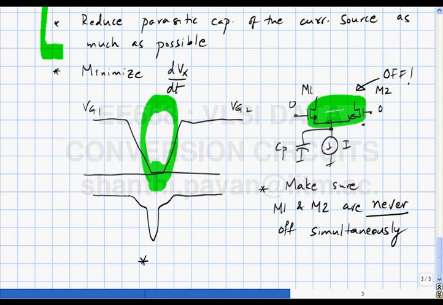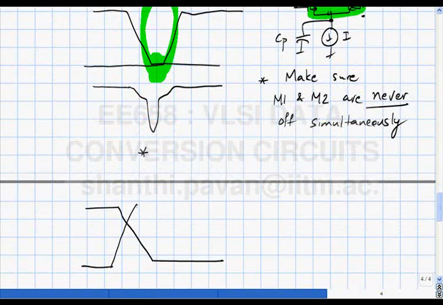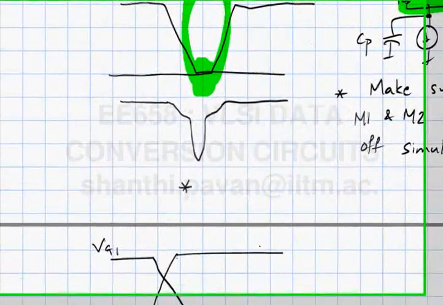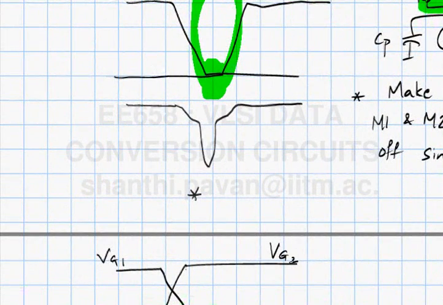What do you think happens to the tail node when the opposite thing happens? So this is VG1, this is VG2. What do you think will happen to the waveform at X if this happens?